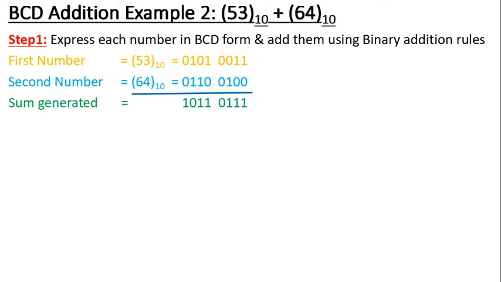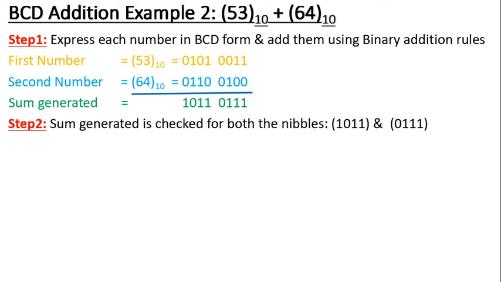These two collections of 4 bits, we have to test in the second step, step number 2. The sum generated in step number 1 is checked for both nibbles, written upper nibble and then lower nibble.